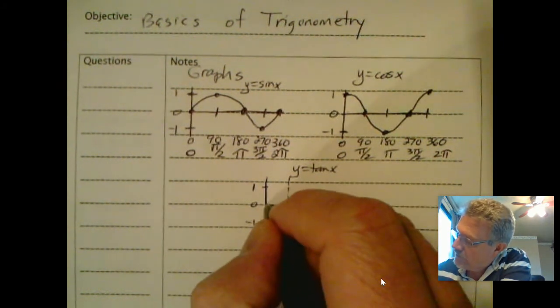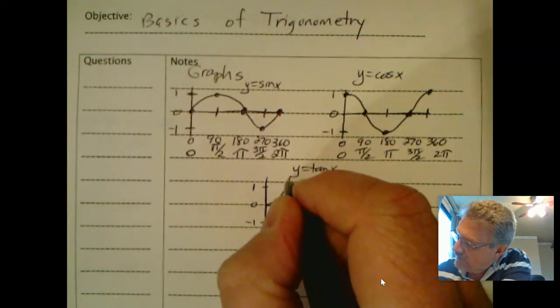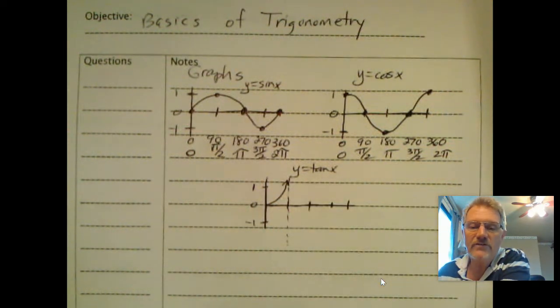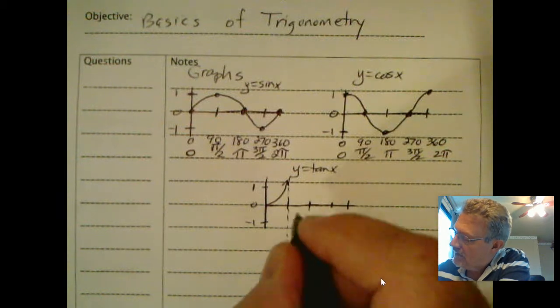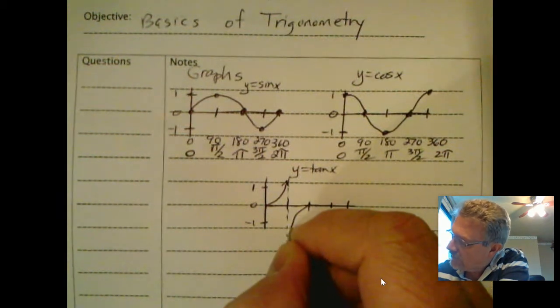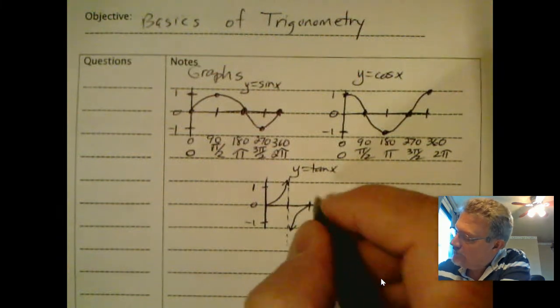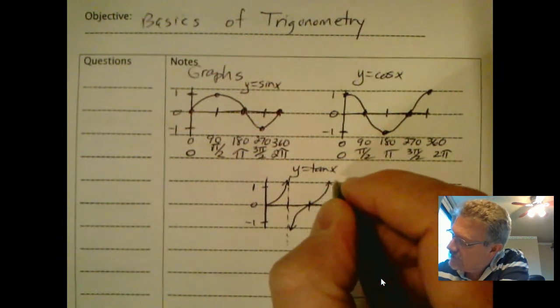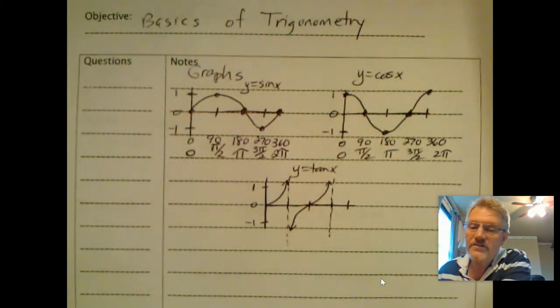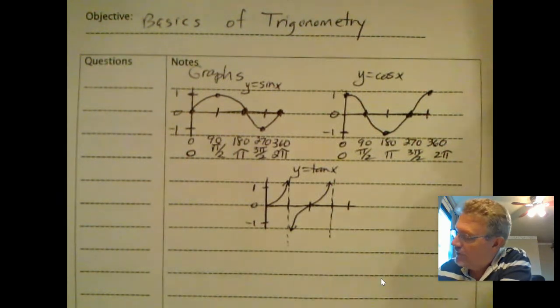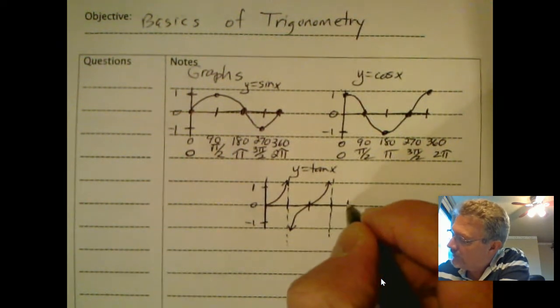In the first quadrant, the tangent graph is positive. In the second quadrant, the tangent graph is negative. The third quadrant looks just like the first, which means that tangent is also asymptotic at 270. And the fourth quadrant looks just like the second.